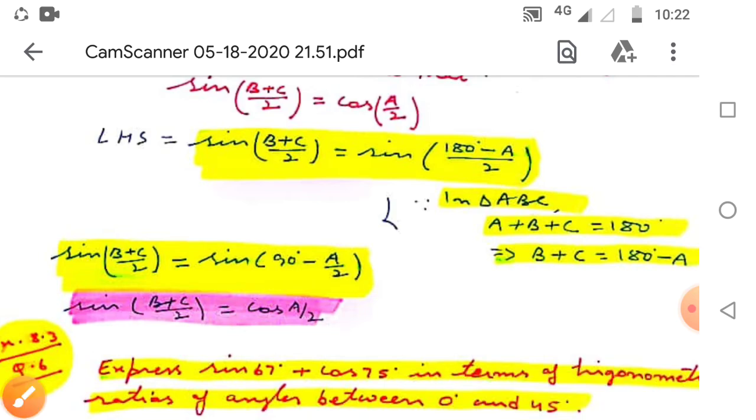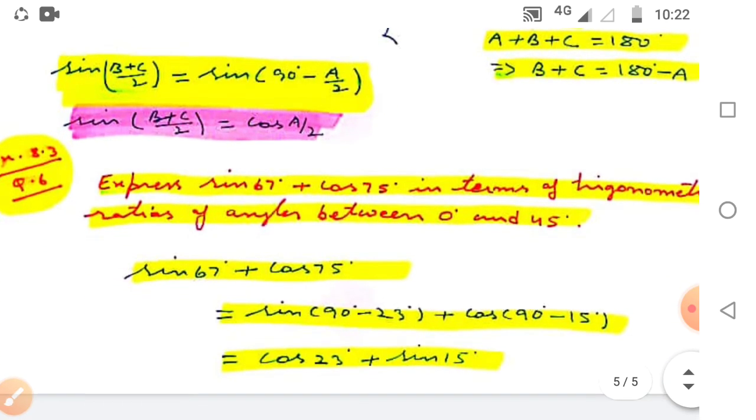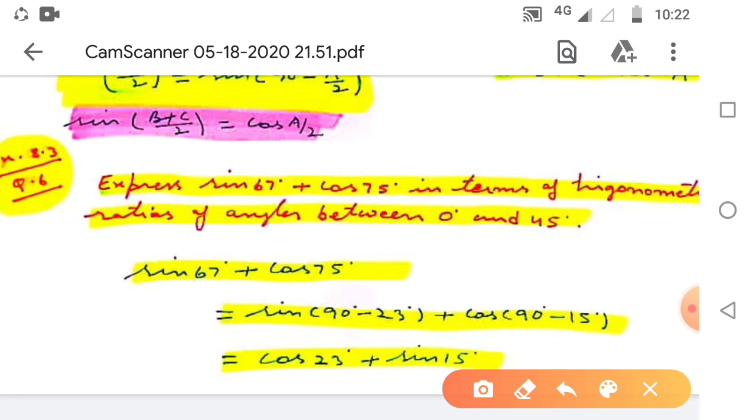So now the next question, this is question number 7, right? Express sin 67 plus cos 75 in terms of trigonometric ratios of angles between 0 and 45.